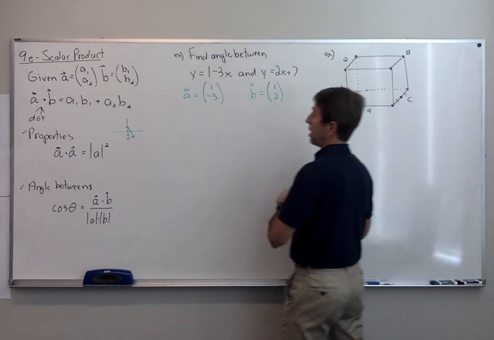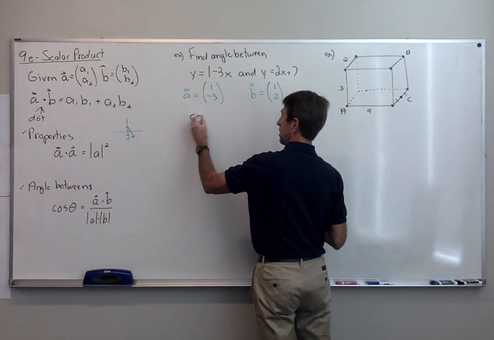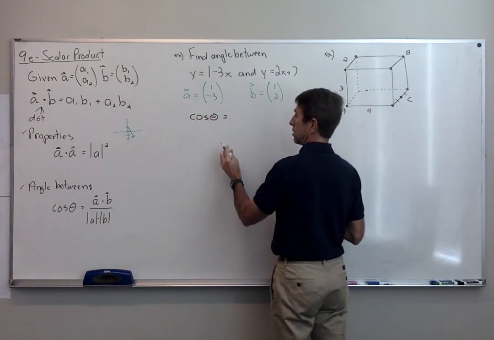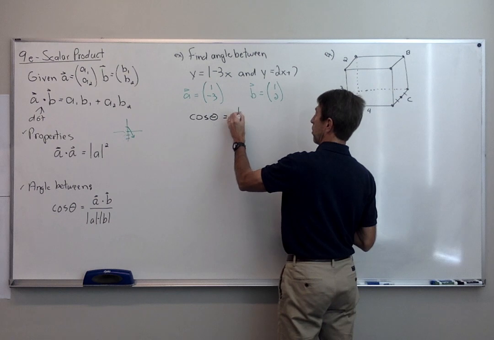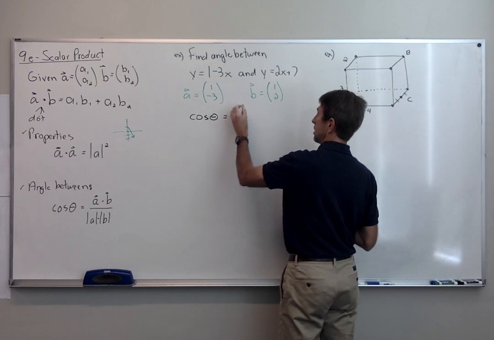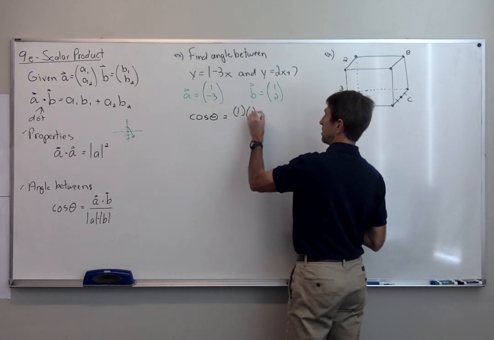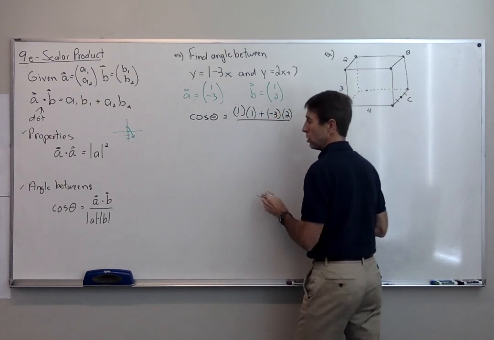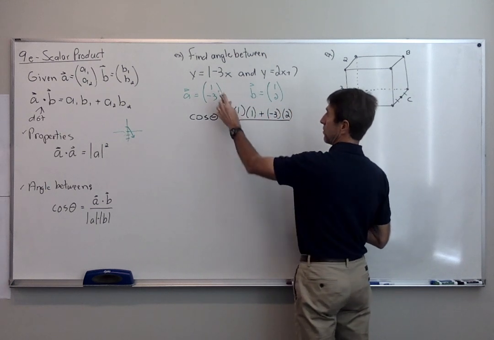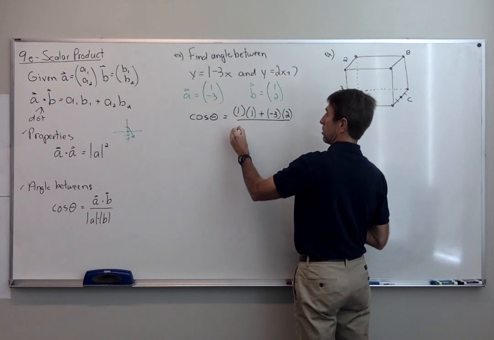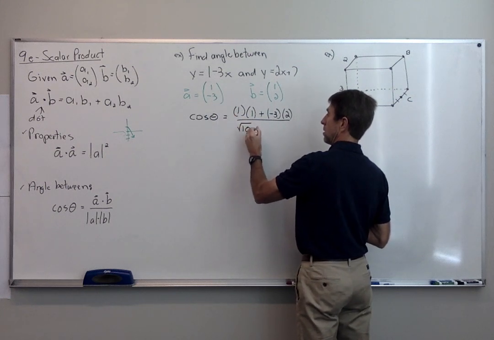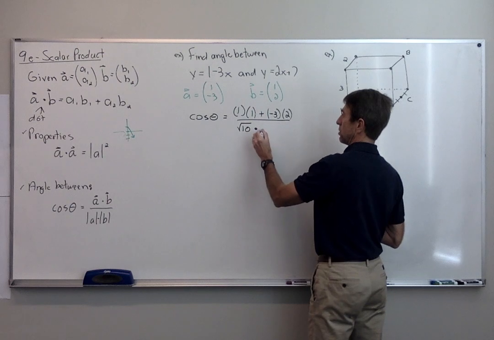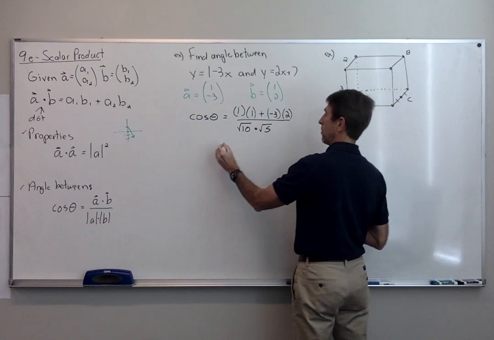So I can simply find the cosine of theta to be the dot product, which is going to be 1 times 1 plus -3 times 2, all over the magnitude of this one, which is the square root of 10, times the magnitude of this one, which is the square root of 5.